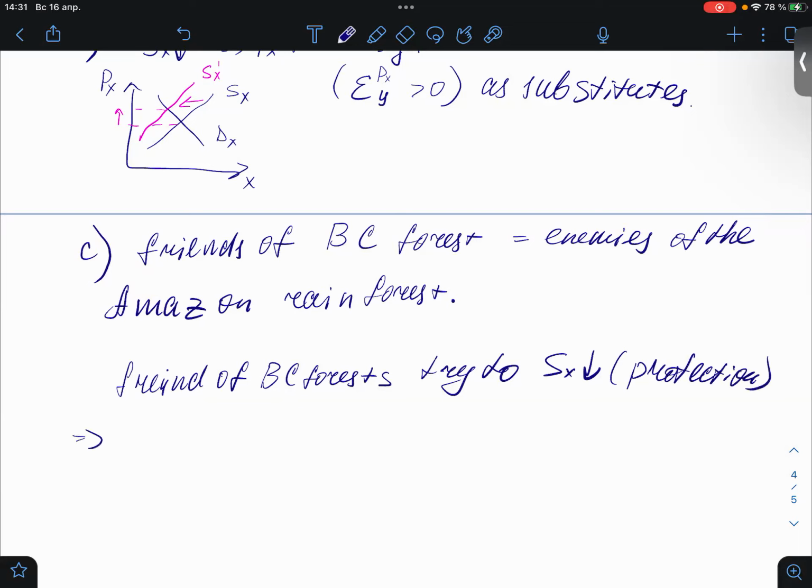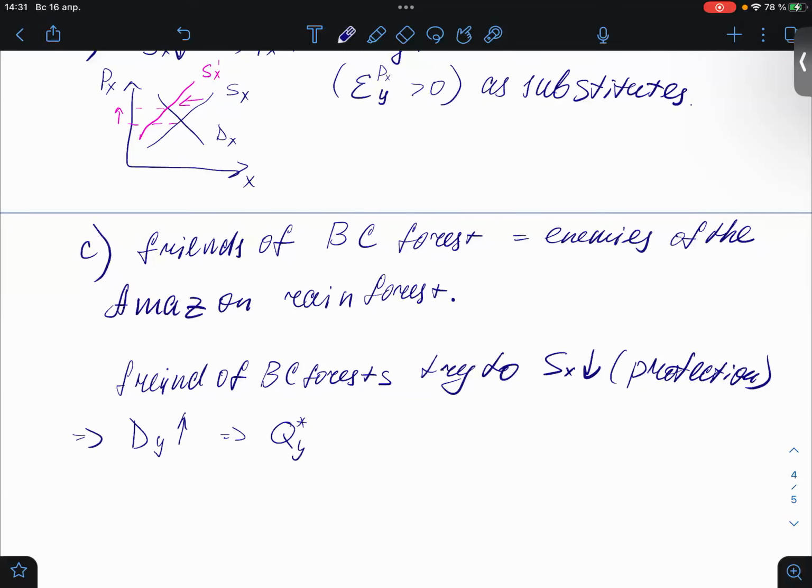And that means, because these two softwoods are substitutes, that the demand for Amazon rainforest softwood will increase. And that means that the quantity of this wood that will be sold will increase.